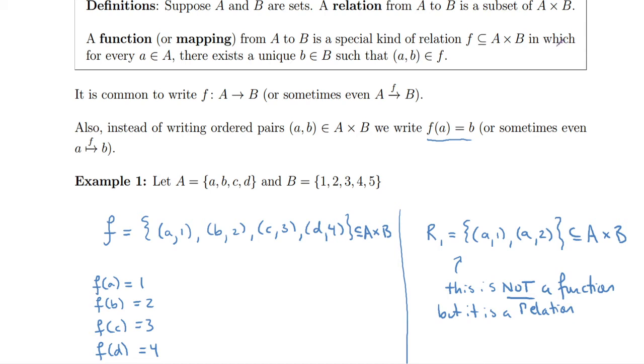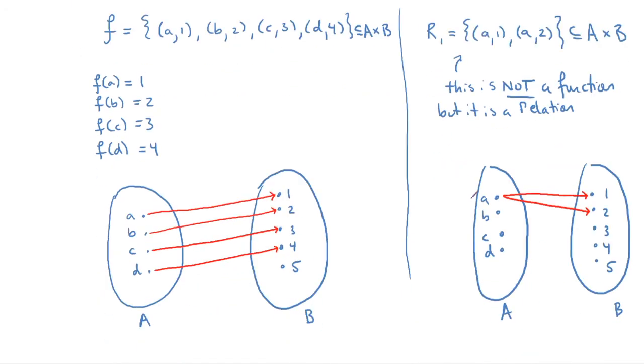F has to be a special kind of relation in which for every element of A, there exists a unique B, all right? And that failed. So you've got to look out for that. Everything in this set A has to get mapped somewhere, and you also have to make sure that each of the inputs is only going to one unique element over here. All right.